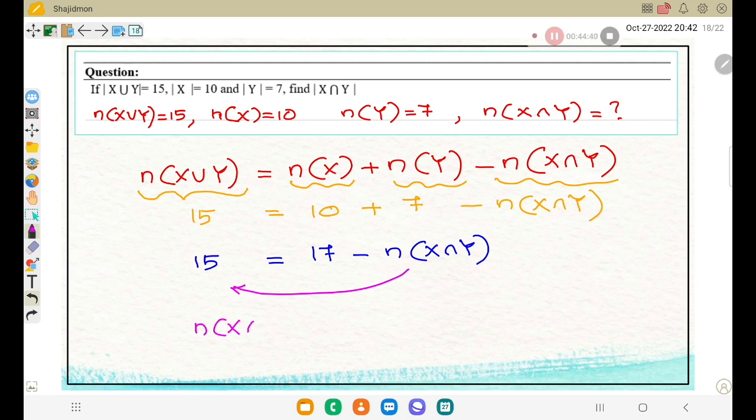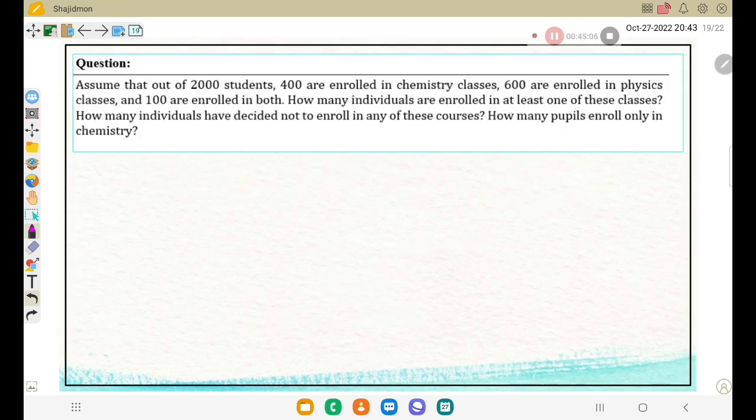Number of x intersection y equals, because you can delete this minus if you are taking it to the left side, 17 already here plus 15 goes to the next side as minus 15. 17 minus 15 equals 2. Okay, so just using that relation only, intersection and union. Now let me go to the next one, this question.